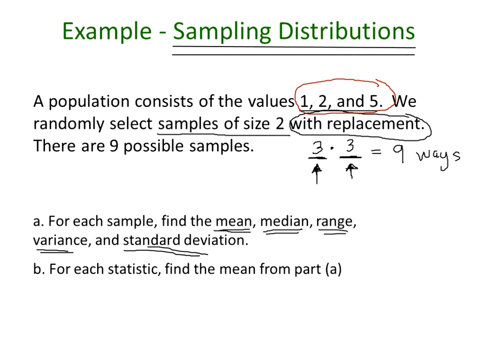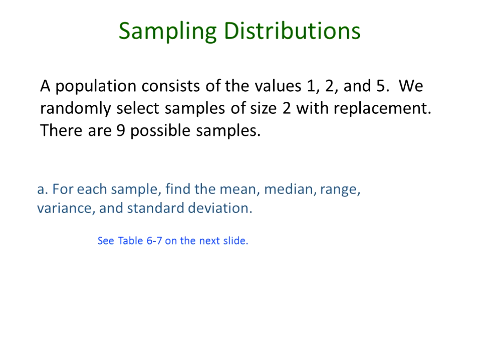All right, so we're going to compare the measurements from our samples to what's happening with the measurements in our population. Okay, so that's what this table, well, we're almost there, not exactly. So we have our population, which I talked about, 1, 2, and 5.